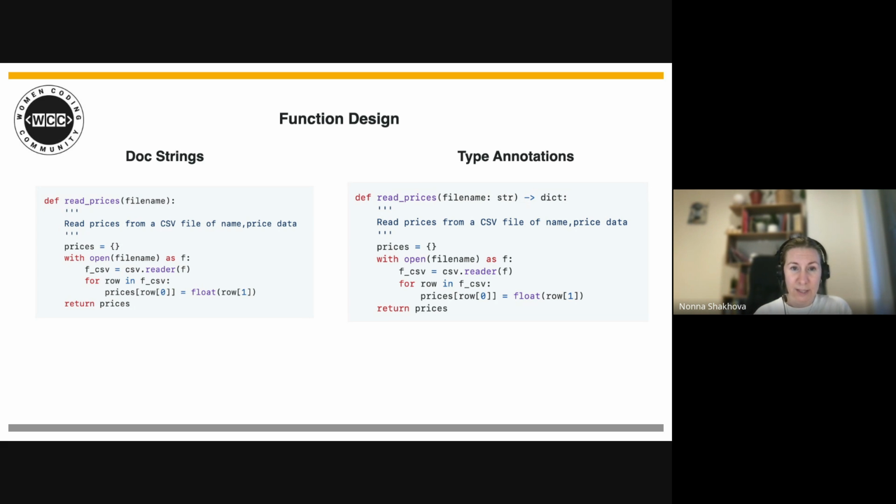And they also feed help. For example, when you call the help function, for example help(read_prices), in the Python command line it will return this description: read prices from a CSV file.